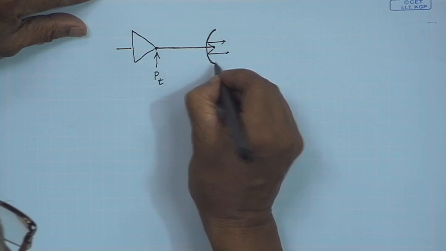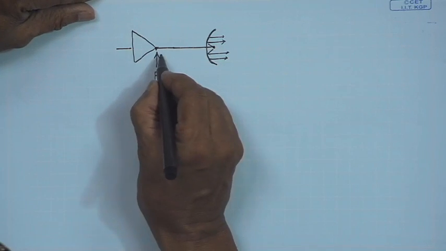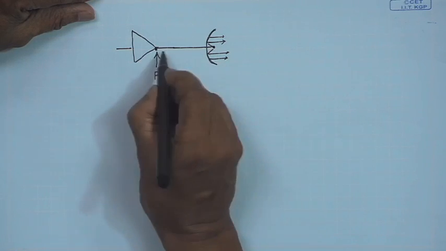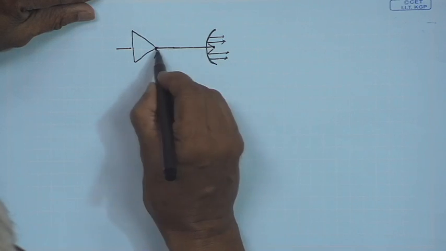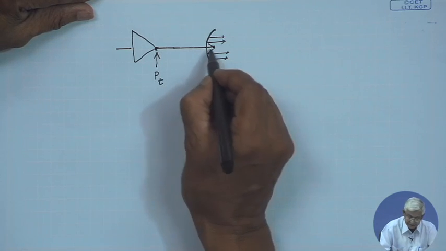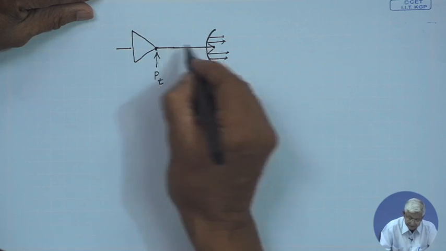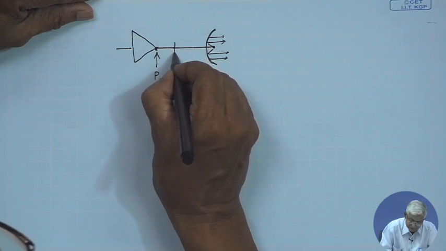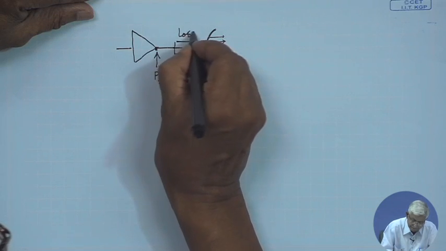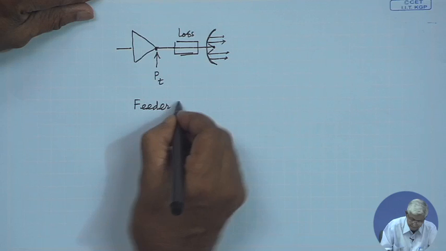This is the reflector. Now, from this power amplifier output to this focus point, it will be connected through cable, waveguide, there may be bends, there may be adapters. So, all these things can introduce some loss. So, that can be grouped as a loss. It is called feeder loss.